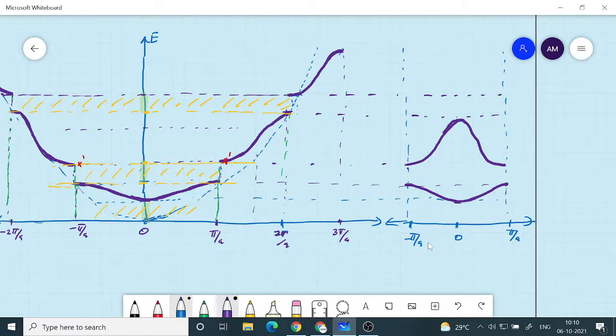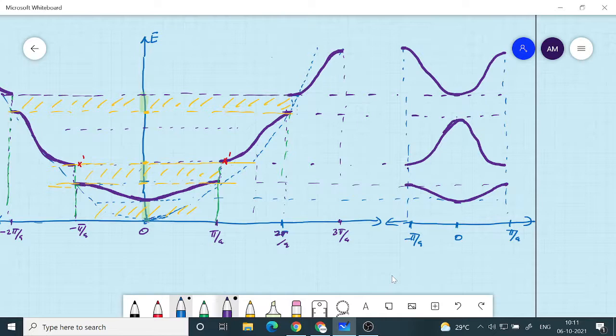And same thing I can do with this particular one. Here if I shift it by 2 pi by a, this point will come to the origin. So it will come here. And then similarly on the left one, if I shift it by 2 pi by a to the right, then so this is how band structure can be drawn alternatively.